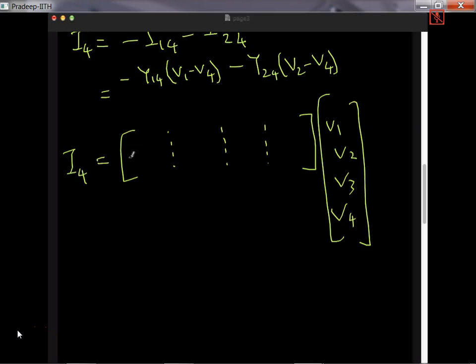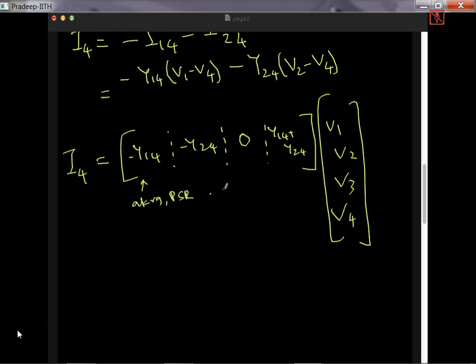So minus Y14 and then minus Y24, 0 and then finally Y14 plus Y24. Okay, so this answer is from AKRG and then Potti Sri Ramulo Engineering College.